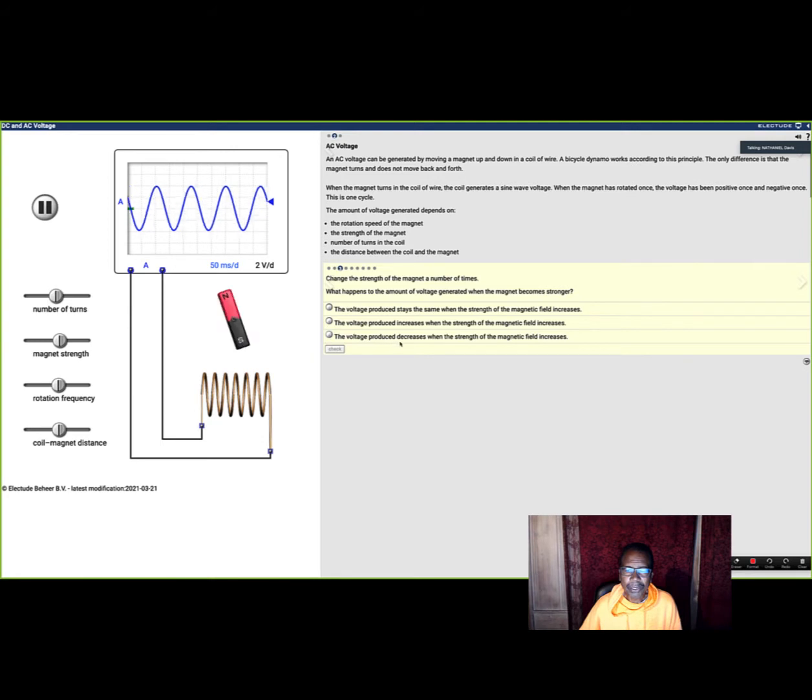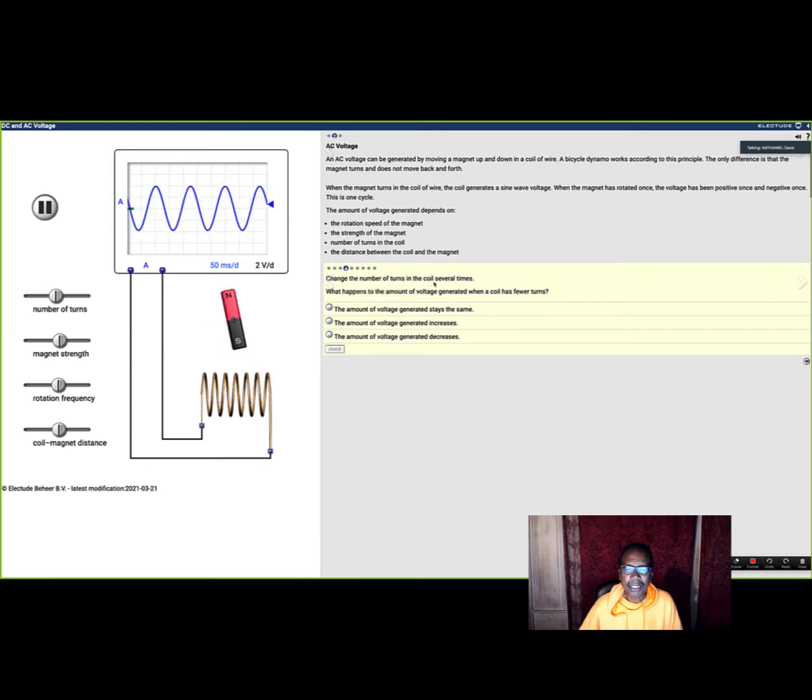The voltage produced decreases when the strength of the magnetic field increases. Which one? A, B, or C? B. I would say B. Very good.